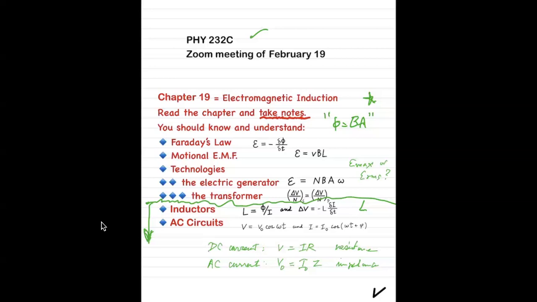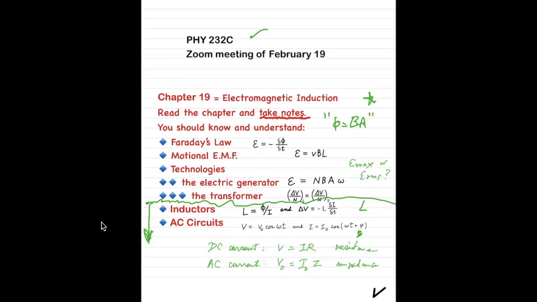AC circuits are different. For an AC current, both the voltage and the current will be alternating in time. There's a phase shift. And the relation between the strength or the amplitude of oscillation of the voltage and the current is given by something that looks a bit like Ohm's law.